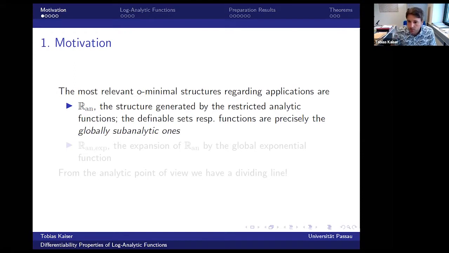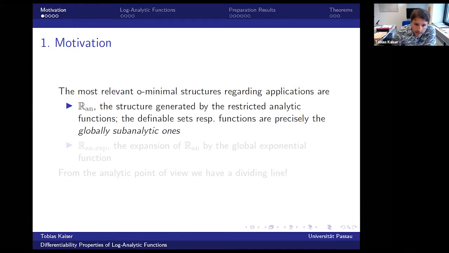So what is a restricted analytic function? It's an analytic function restricted to a compact hypercube. And the definable sets, respectively functions, are precisely the so-called globally subanalytic ones.